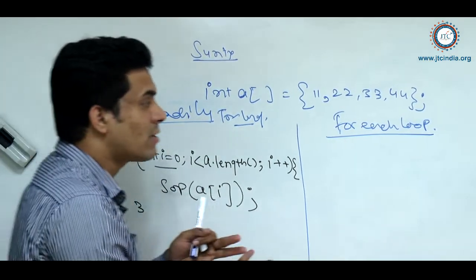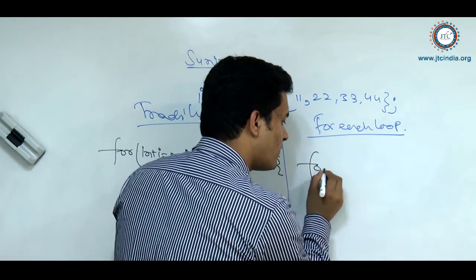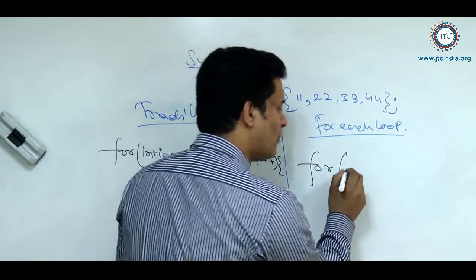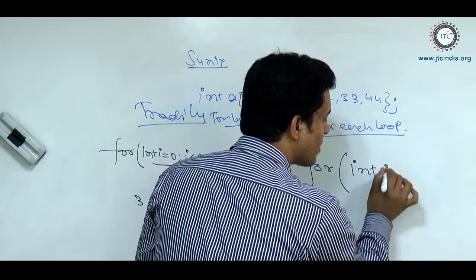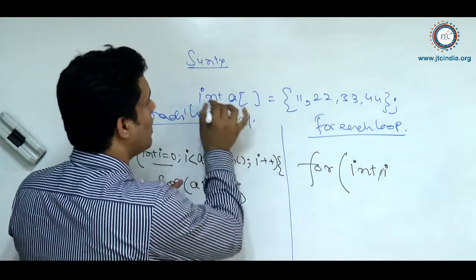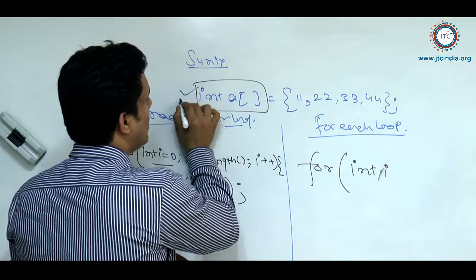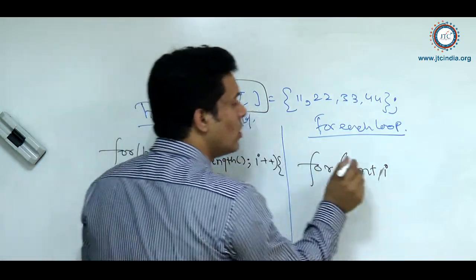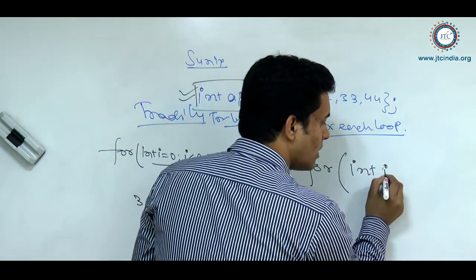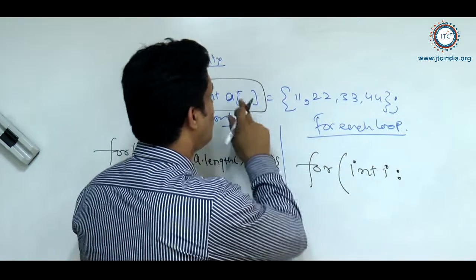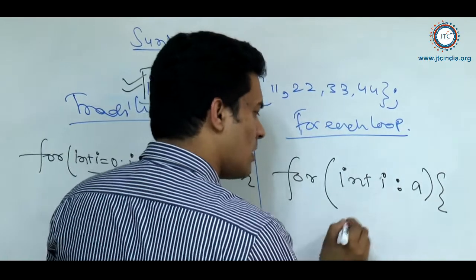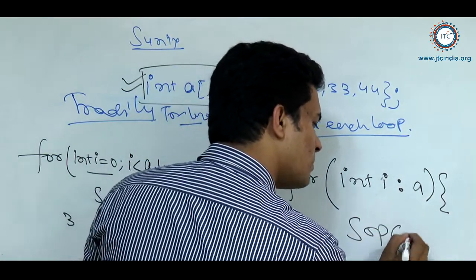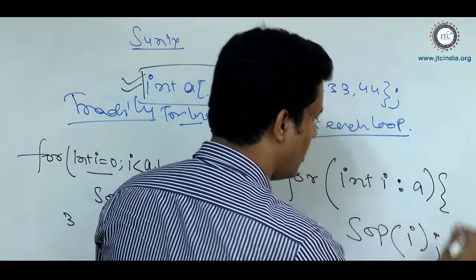We have other options. In the enhanced for loop, I must write int i, because the array we have is an integer type array. So int i, colon, now you write a. And now I can write just a simple statement here.